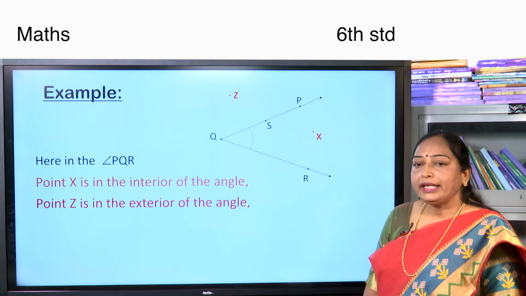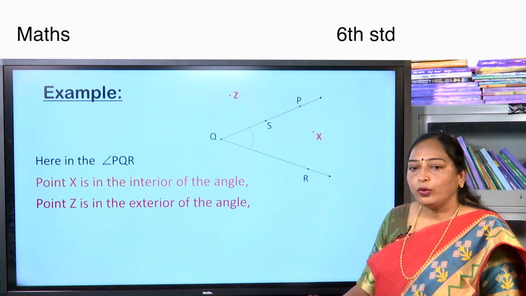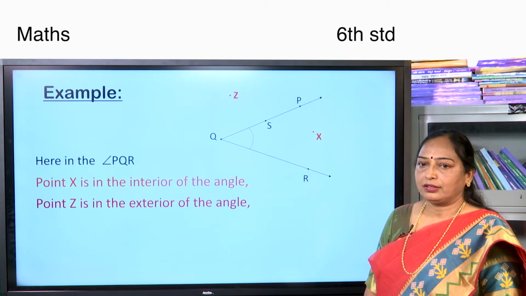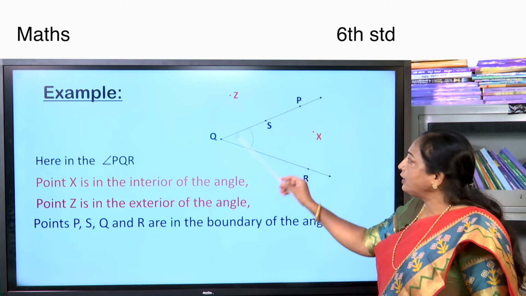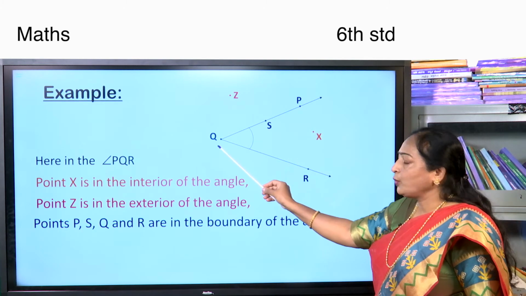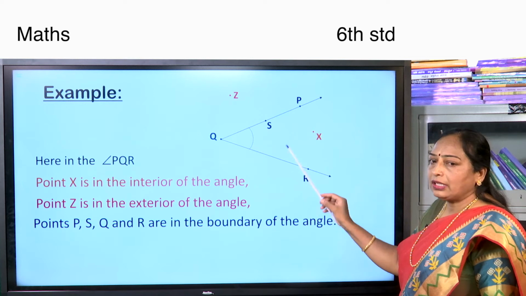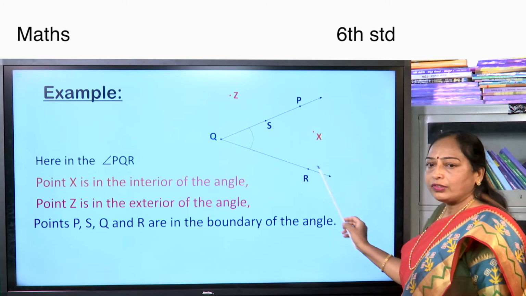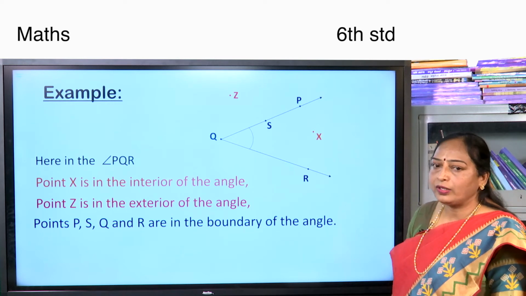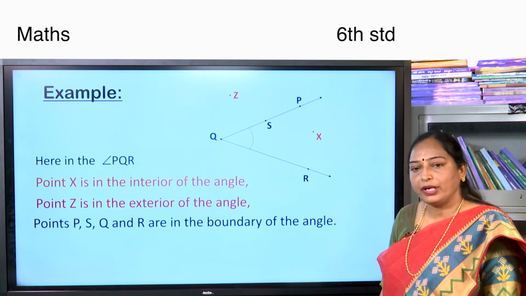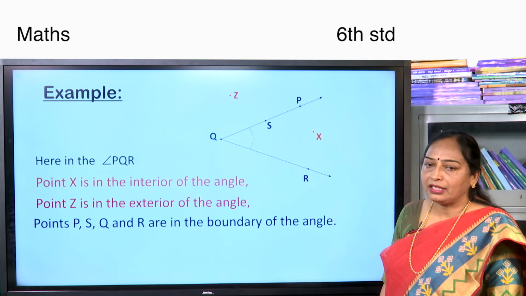Which points are situated on the boundary of the angle? Yes, you are right. Points P, S, Q and R are on the boundary of the angle. Did you understand how we describe the position of points in the angle?